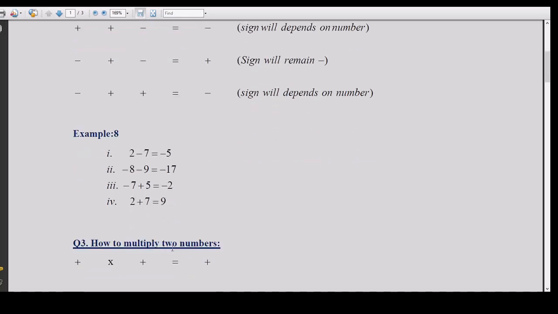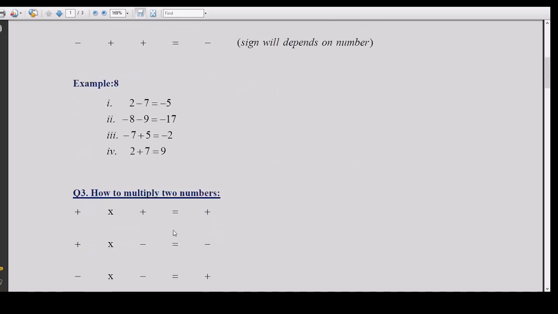Now on multiplication of two numbers. In the first situation, if both numbers are plus, then the product will be plus. If one is plus and the other is minus, then the product will be the product of those two numbers, but the sign will be minus.